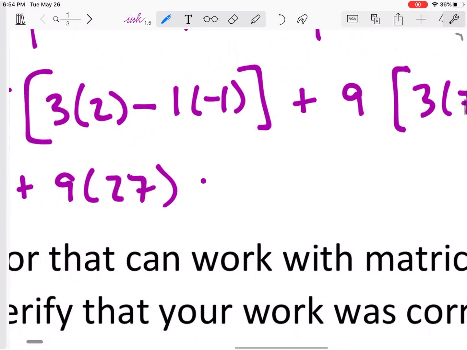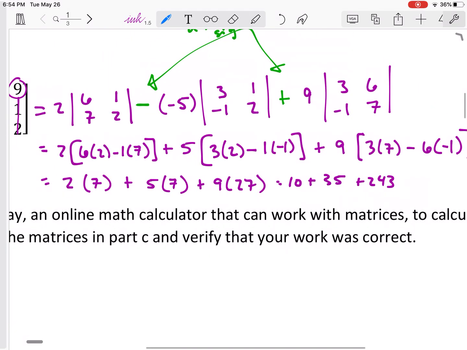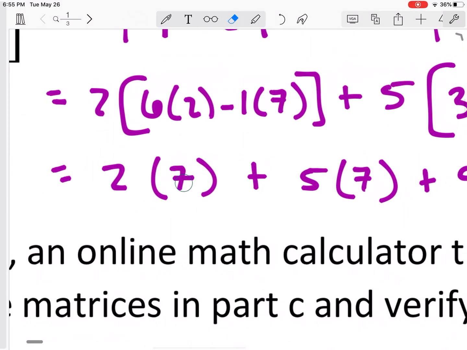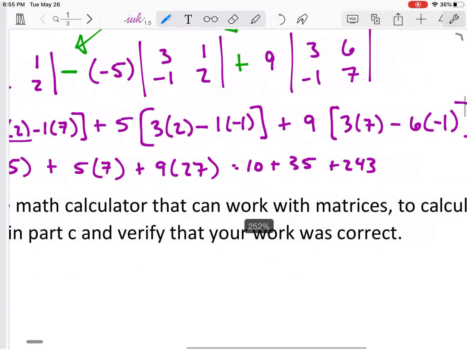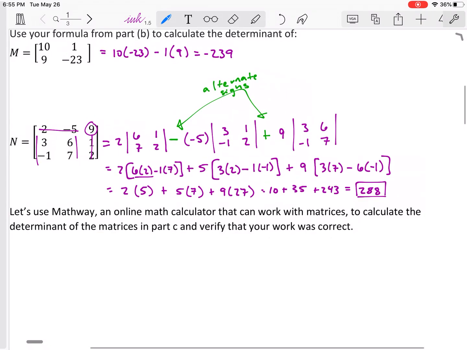This ends up being 10 plus 35 plus 243 after I multiply each of those pieces. I meant to get a 5 here because this is 12 minus 7 is 5. Add those all up and you get 288. So the determinant of this matrix is, after all of that fun work, 288.